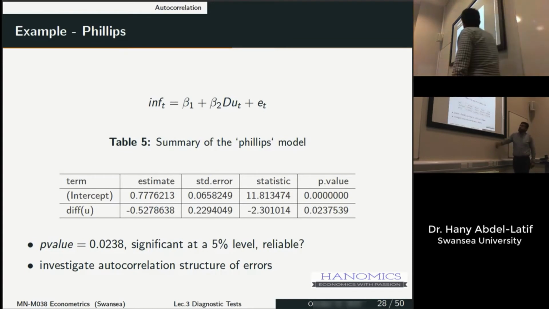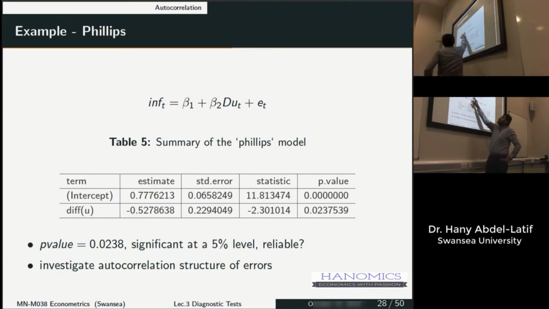So I estimated this model: inflation equals beta 1 plus beta 2 times the change in the unemployment rate plus some error. Estimating this model gives me this estimation, and the estimated coefficient of the change in the unemployment rate has a very small p-value, so it seems statistically significant.